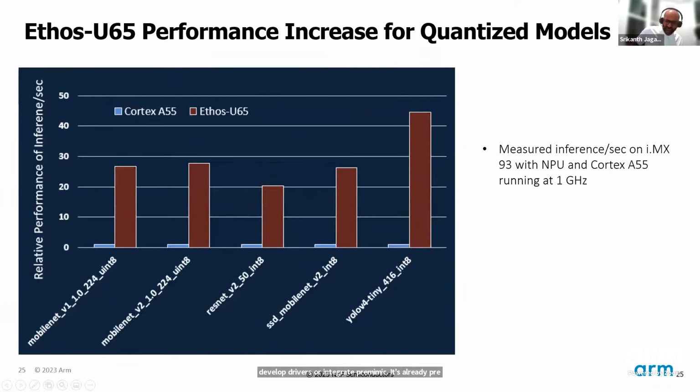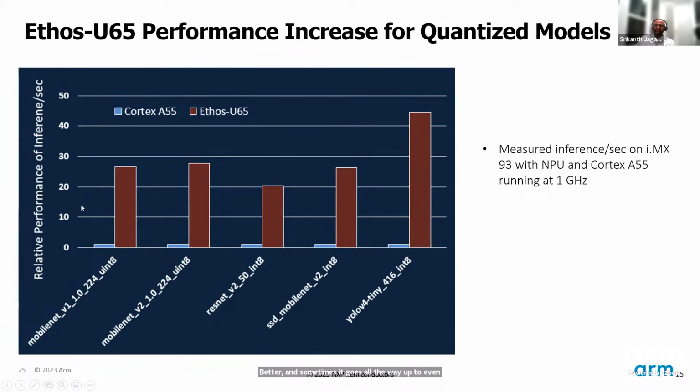So this is an important slide that I wanted to share with you. This shows the importance of having an NPU, and in this case, the Ethos-U65. Basically, this shows for the different models that we have considered, what is the performance enhancement that we are seeing on running a model on the Ethos-U65 compared to the Cortex-A55, right? For the different models, you can see it's at least 20x better, and sometimes it goes all the way up to even 45x better.